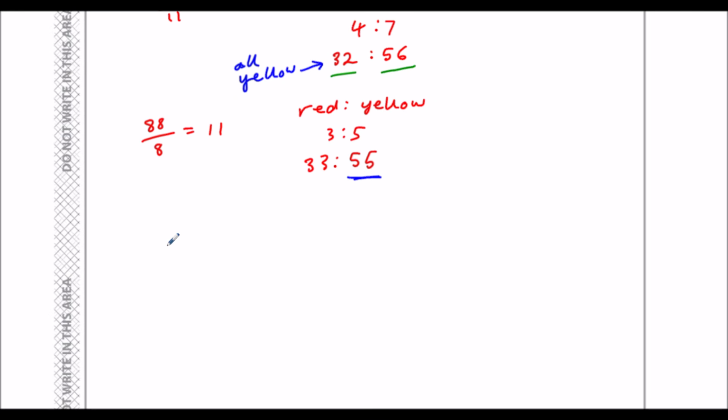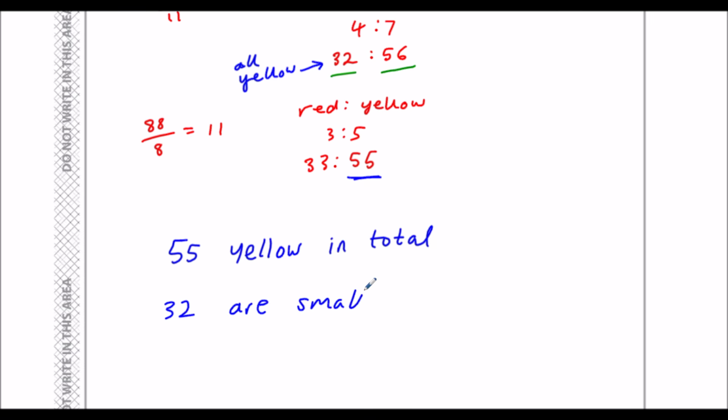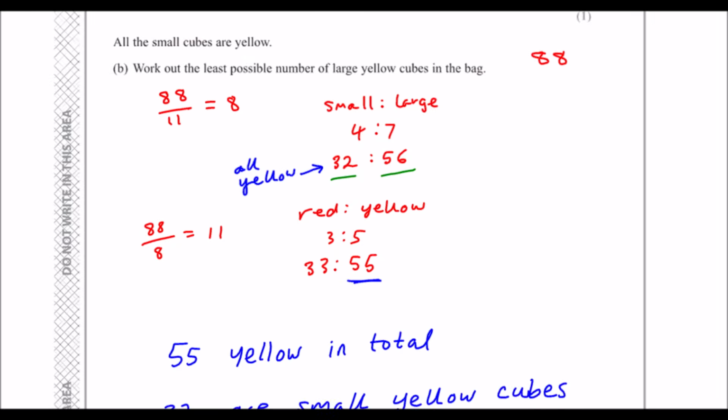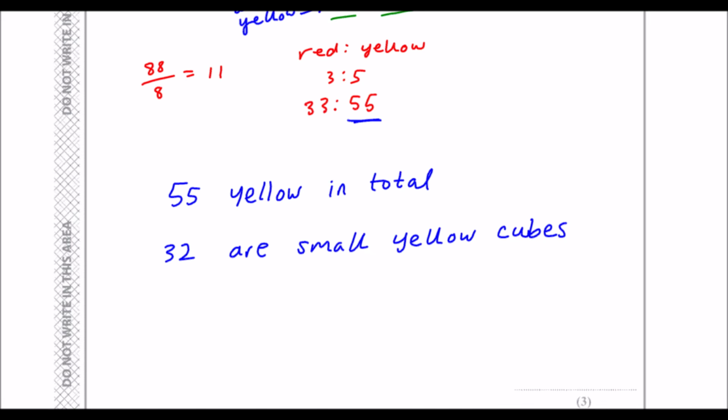So let's just make a note of this. 55 yellow in total. And we know 32 are small yellow cubes. So what's the least number of large yellow cubes?